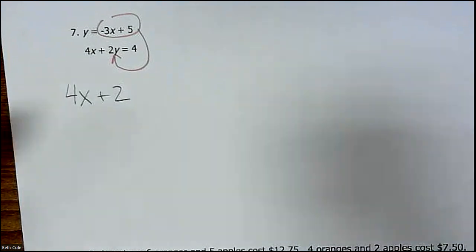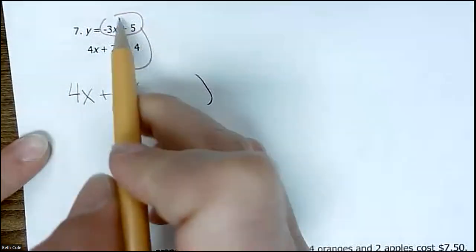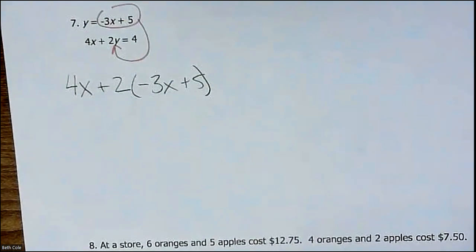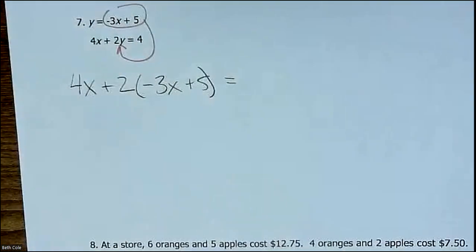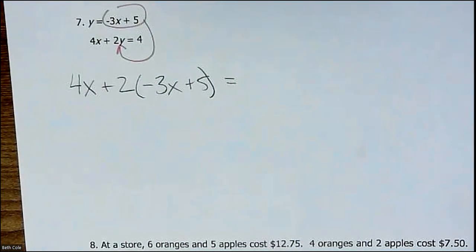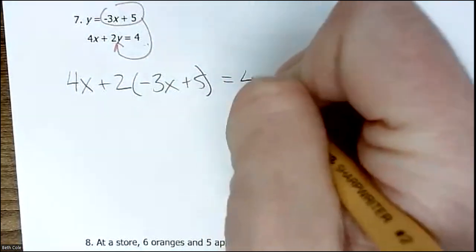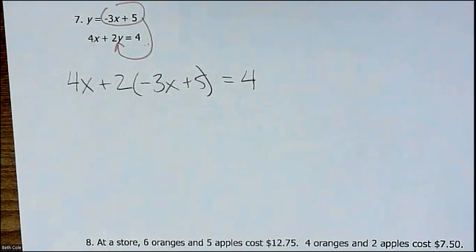Good. It's parentheses, all of that stuff. -3x plus 5. And then what will it equal? It will equal 4. Good job.